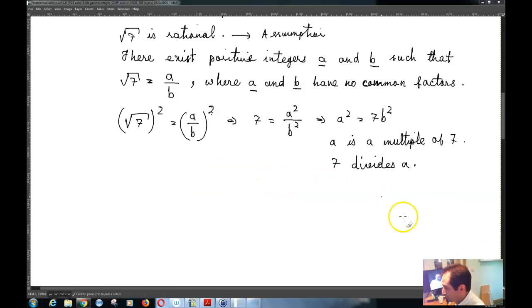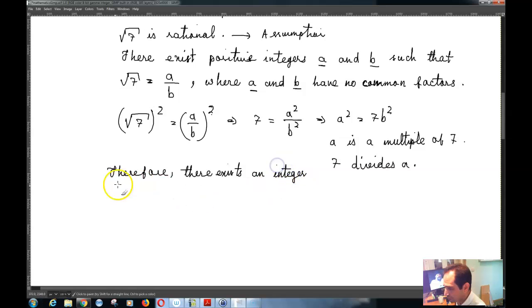So if a is a multiple of 7, then I can say therefore there exists an integer c such that a is equal to 7 times c.